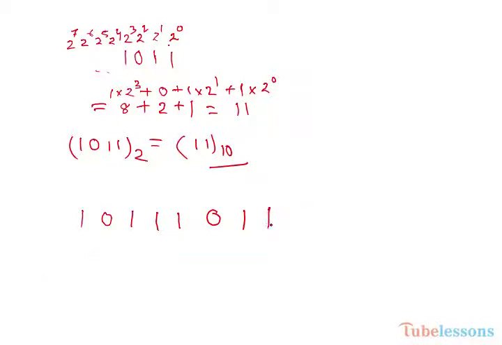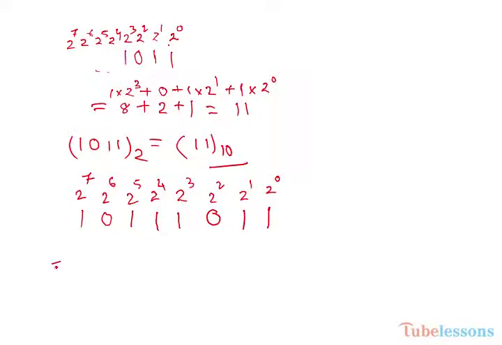Now the place value of this one is 2 to the power 0, this is 2 to the power 1, this is 2 to the power 2, this is 2 to the power 3, 2 to the power 4, 2 to the power 5, 2 to the power 6, and 2 to the power 7.